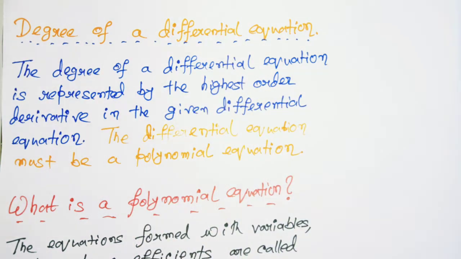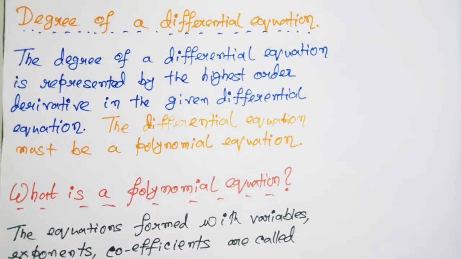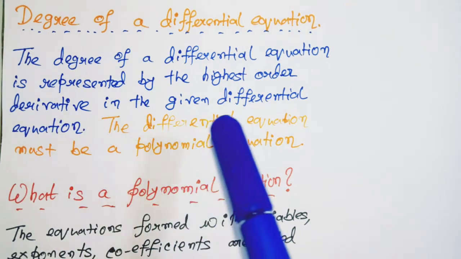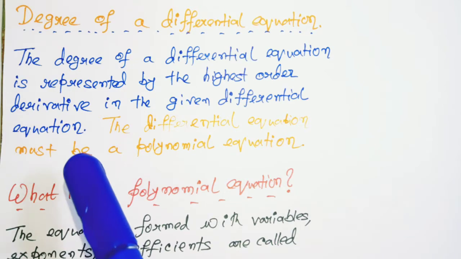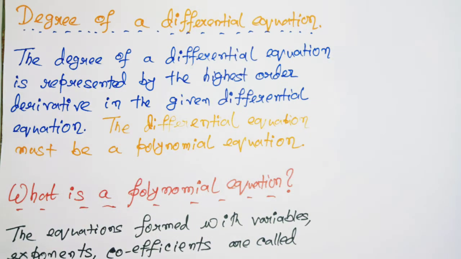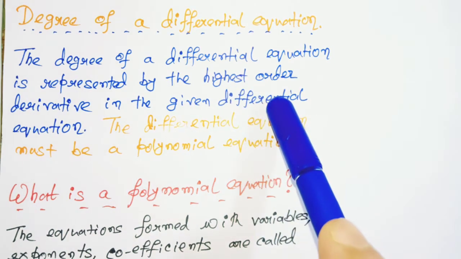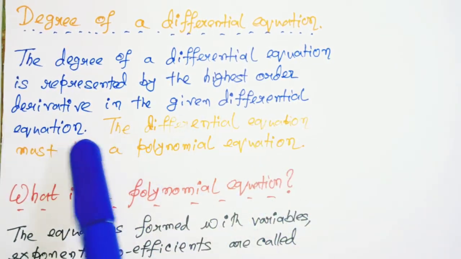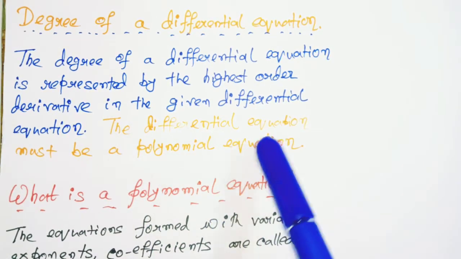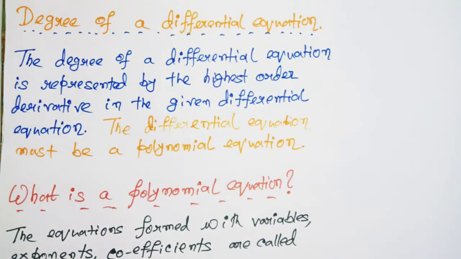The degree of a differential equation is represented by the highest order derivative in the given differential equation. The differential equation must be a polynomial equation.